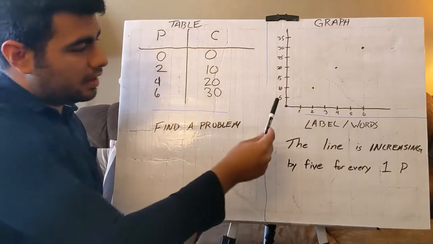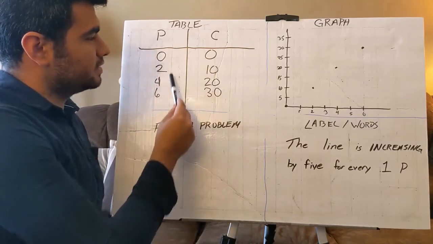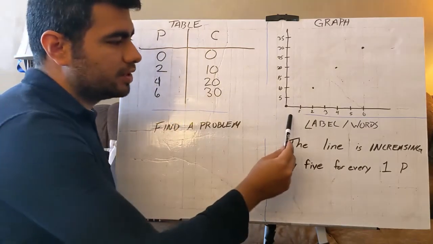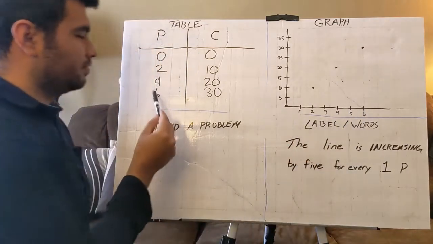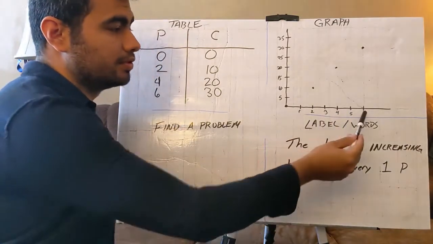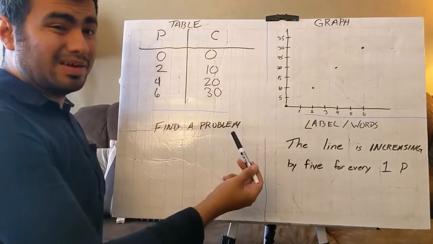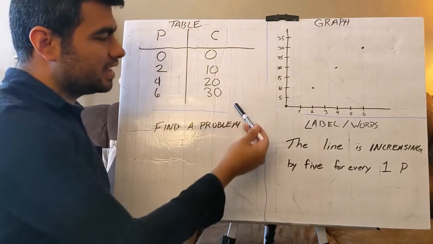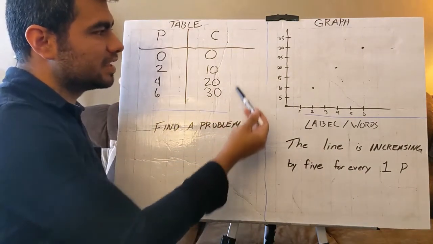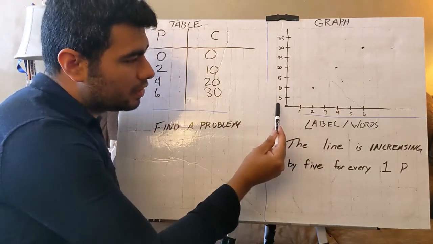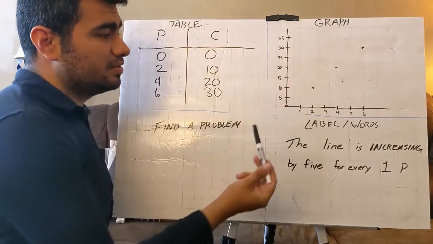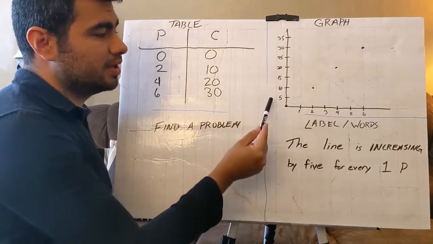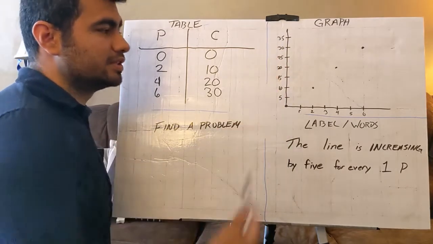Since these are my x's and these numbers are pretty small, I just went ahead and put down my chart right here for however many numbers I have. So I went 1 through 6 right here. These numbers get kind of big, but this is kind of like my y. So C is like my y. Now I can't fit 30 on here using these normal size tick marks, so I made them go by 5, just so I could squeeze it all in there.